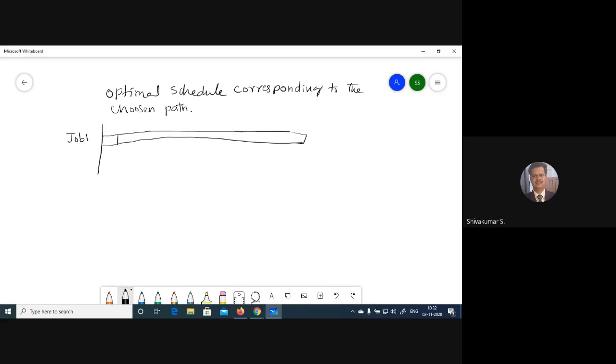So now you mark here first A, that is 1 hour, that is 1. Next, as per the sequence you have drawn, B, that is 3. Next, C, it is 6. 4, 5, 6.